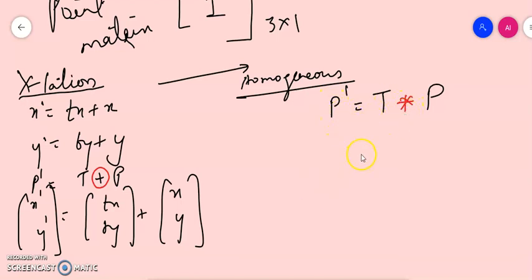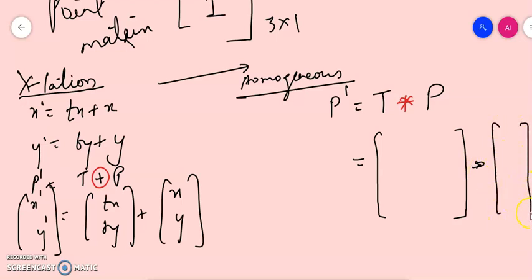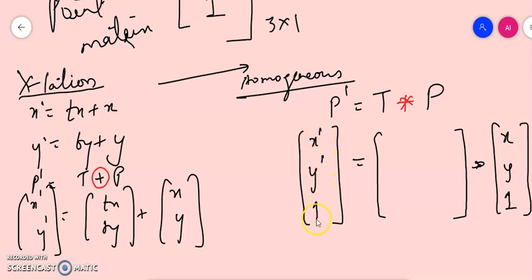So now my matrix changes, and we will have a quick look at the size of my matrix. Please note that we have also changed our point matrix, which is now x, y and the homogeneous value 1. Similarly, if my point matrix is x, y, 1, my P dash will be x dash, y dash and 1.